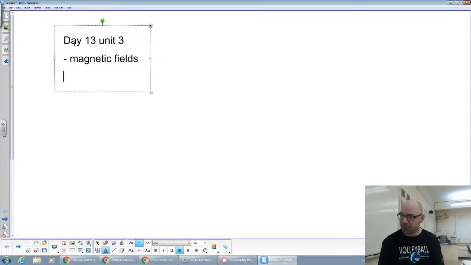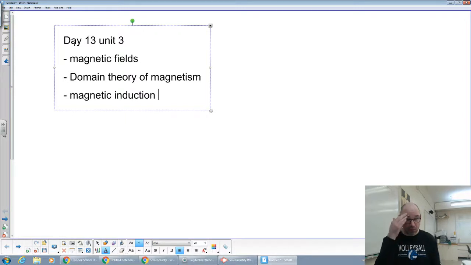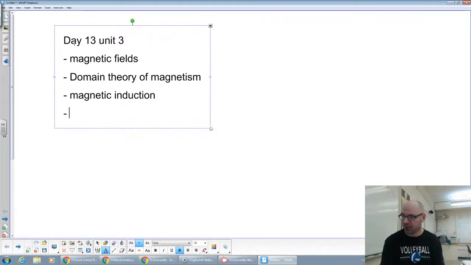And we're going to be looking at the domain theory of magnetism. Okay, we're going to be looking at magnetic induction as well. And basically, we'll probably look at some magnetic fields in terms of diagrams.